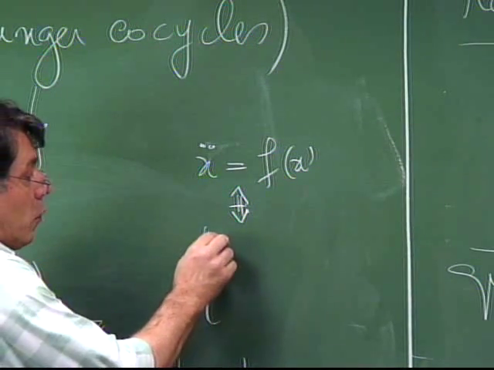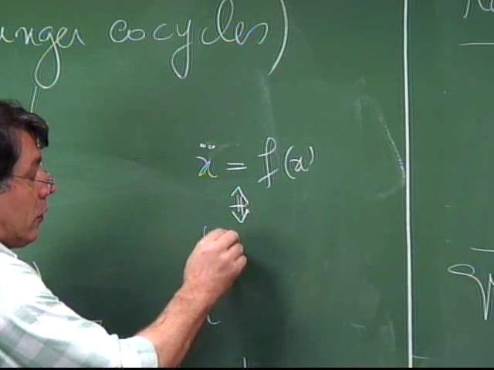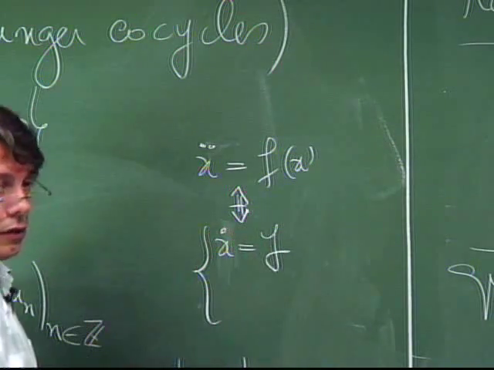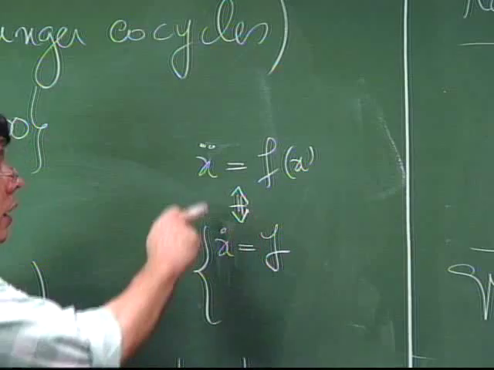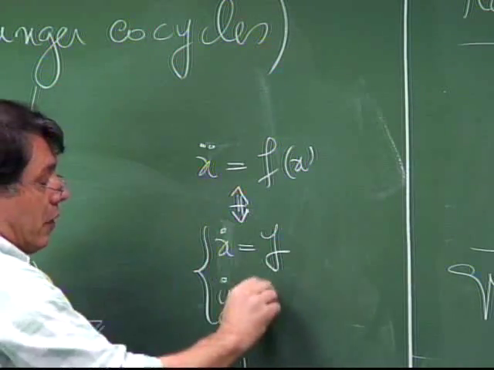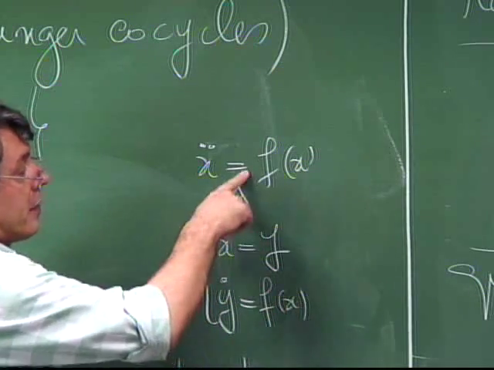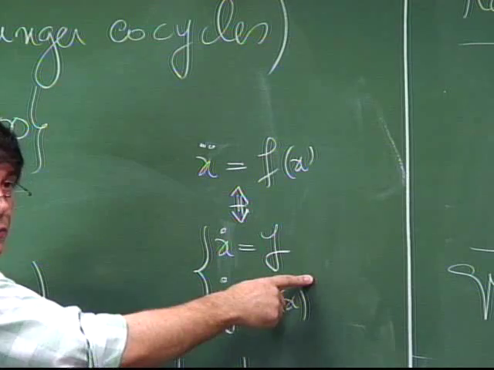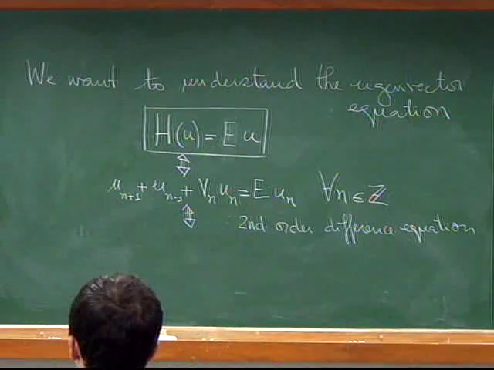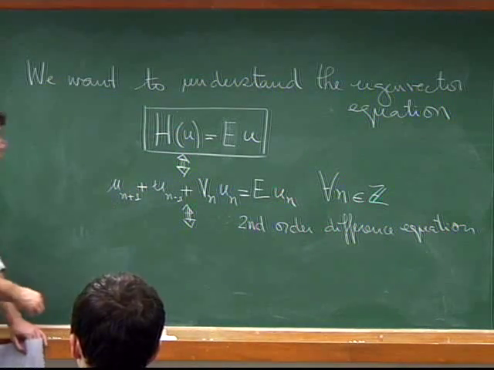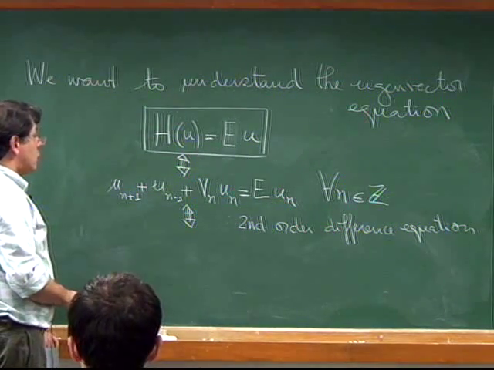You call x dot, you give it a name, you call it y, and then x double dot becomes y dot equals f of x. A second order differential equation becomes a first order system of differential equations. You can do that also in discrete time. That's what I'm going to do. So how does that go?